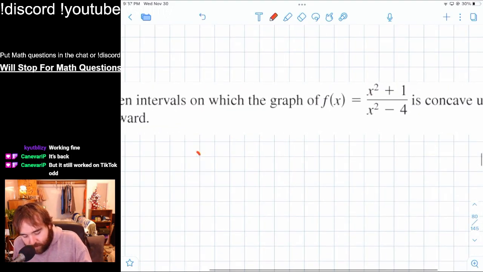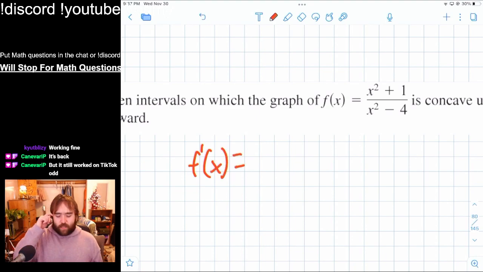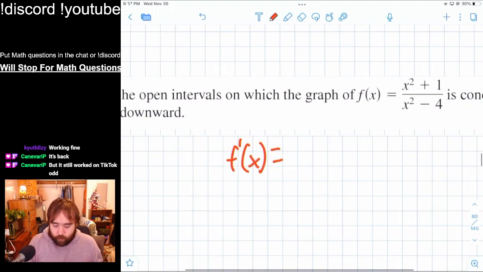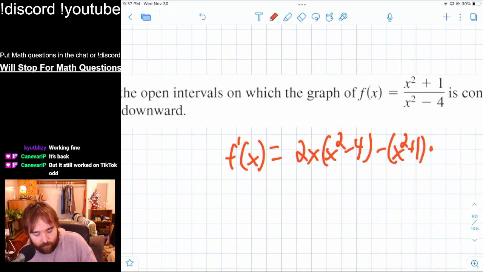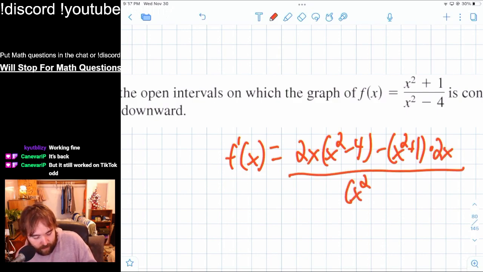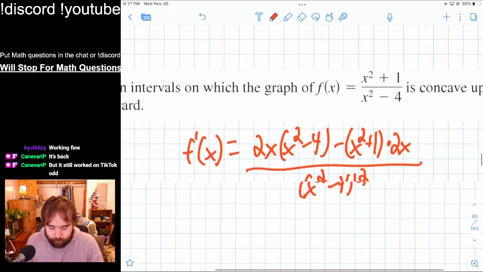So I think maybe with a lot of these, the hardest part is going to be finding the derivatives, because here we got to use quotient rule right away. So we've got the derivative of the top times the bottom minus the original top times the derivative of the bottom, all of that divided by the bottom squared.